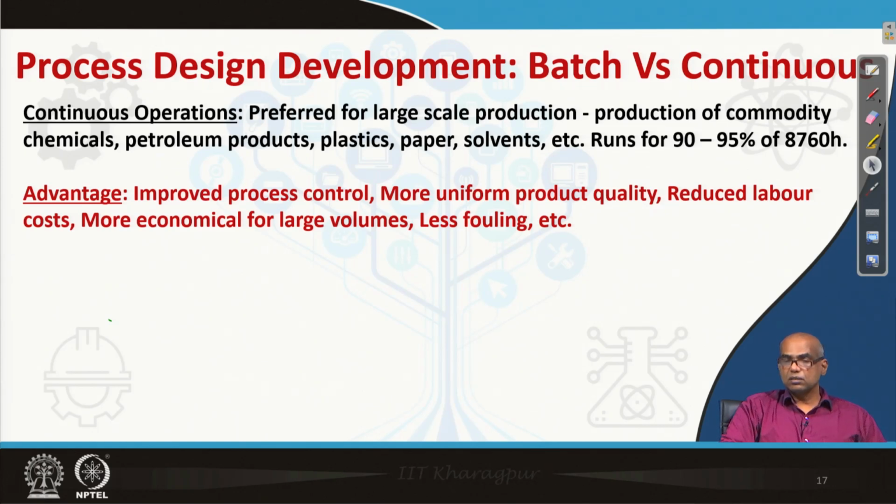Continuous plants typically run for 90 to 95% of 365 days, which is 8760 hours.